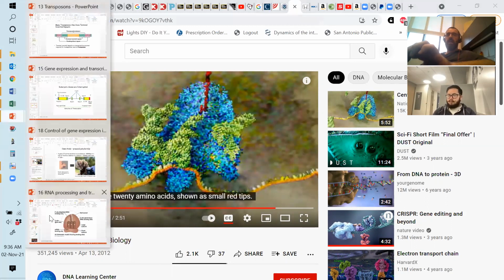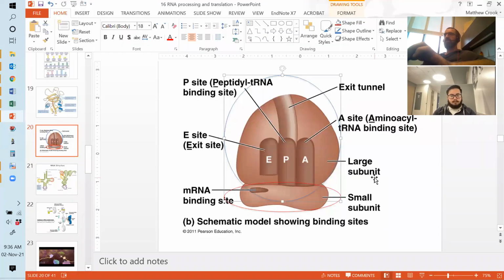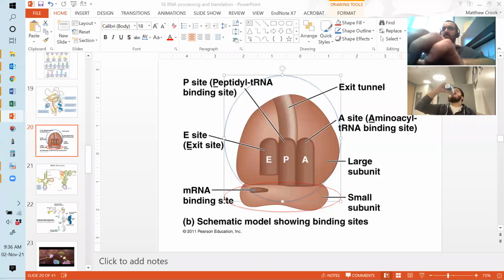Right, and so when you look at the actual structure, it's obviously kind of stylistically done. You've got 3 different sites. The A site is the access, has a fancier name. It's the amino acid tRNA binding site, which basically means where the tRNA goes in. And it's a charged tRNA, right? That's what the amino acid tRNA means.